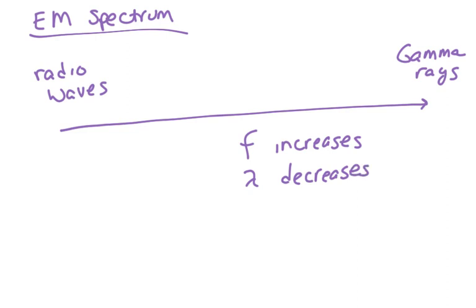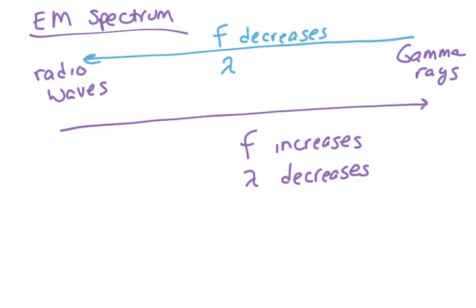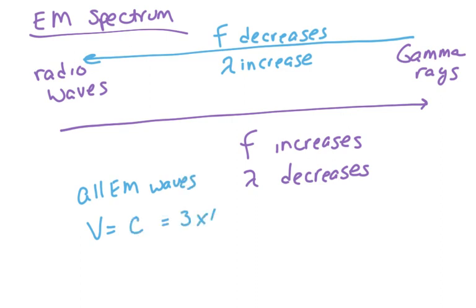And if you go from gamma rays over to radio waves, you have a decrease in frequency and an increase in wavelength, okay? The other thing you need to remember is that all EM waves move at the speed of light, which is about 3 times 10 to the 8th meters each second in a vacuum, okay?